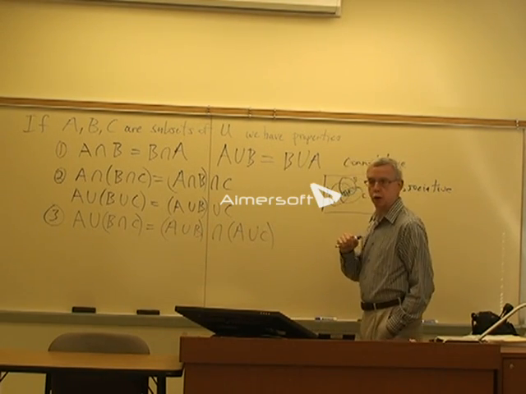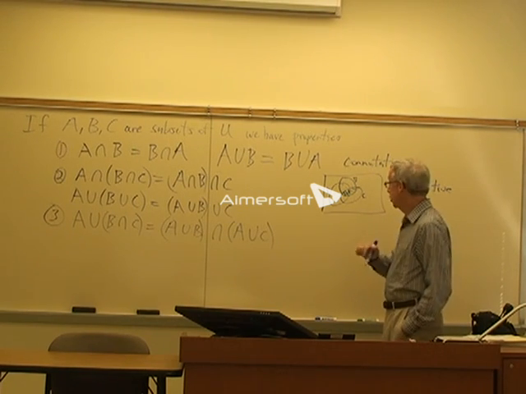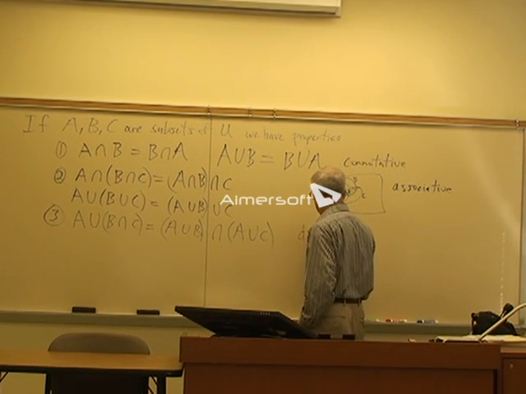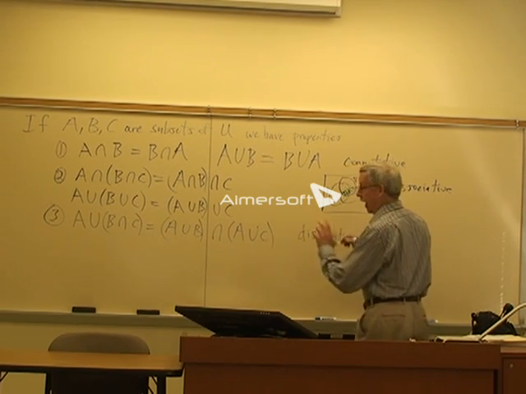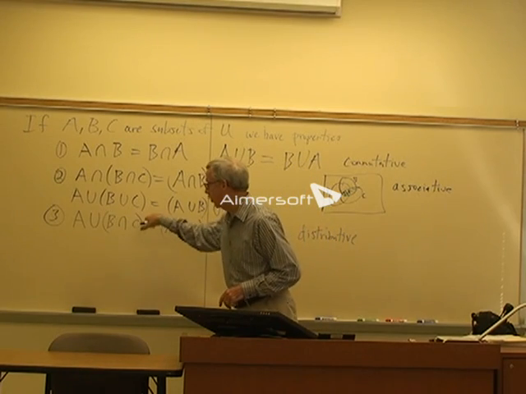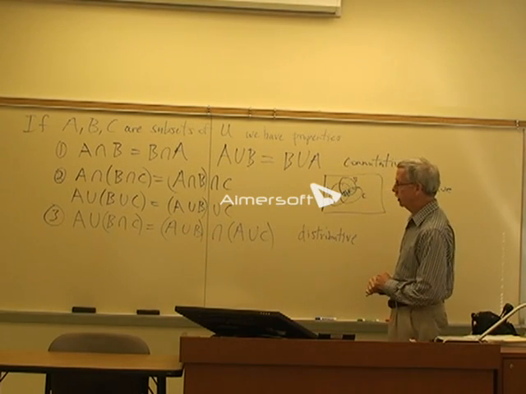What is a property like that called? Distributive. In this case, union distributes over intersection, and there's a mirror image to this.